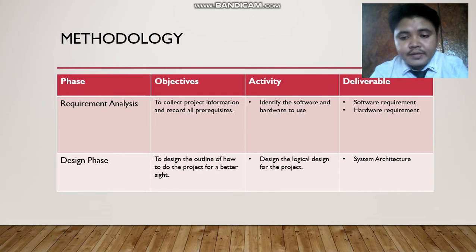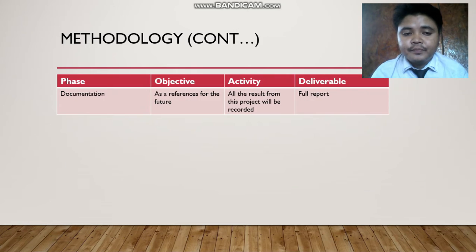Second, the design phase. The design phase is to design the project so that we have a clear sight of how we want to do that. And the outcome is the system architecture.